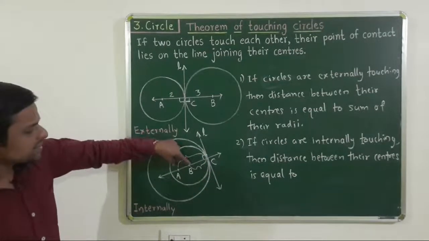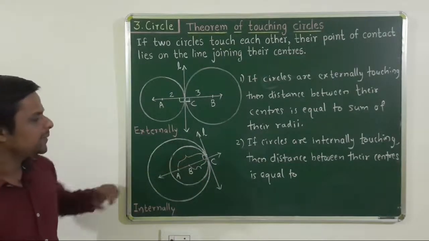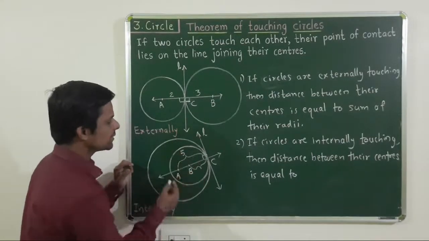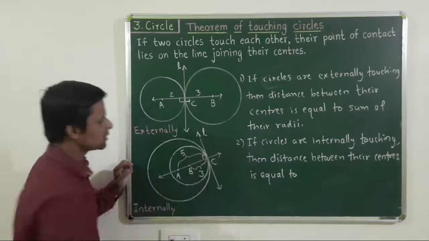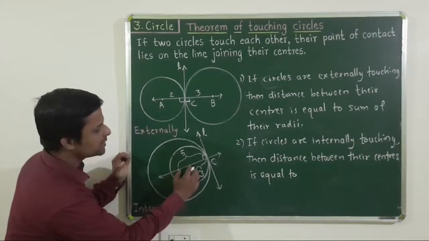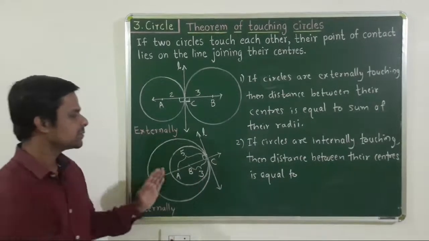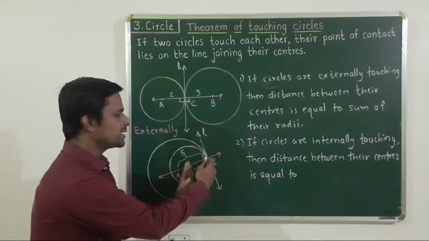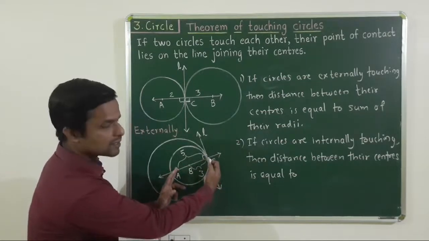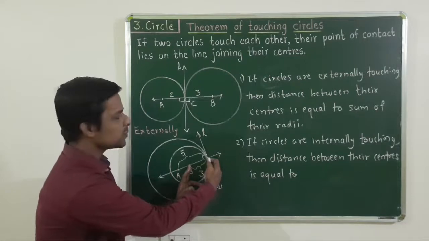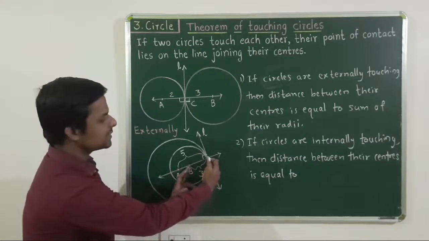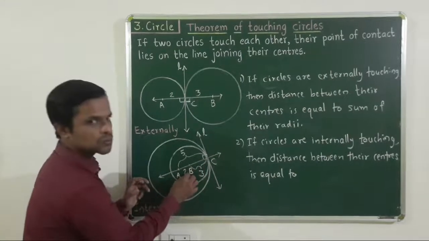Now distance between their centers means AB. How will you find AB now? Suppose radius of bigger circle is 5, radius of smaller circle is 3. Then AB is nothing but 5 minus 3, or AC minus BC, that is radius of bigger circle minus radius of smaller circle. Therefore AB will be equal to 2.